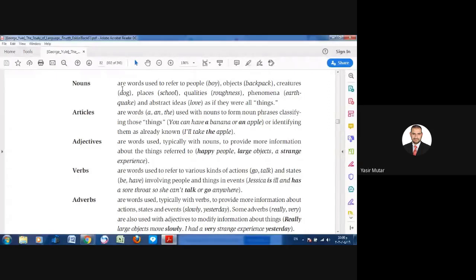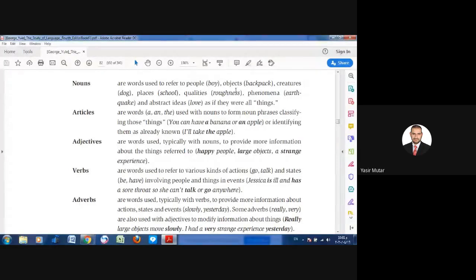Creatures, such as a dog. Places, school. Qualities, roughness. Phenomena, earthquake. And abstract ideas, such as love, as if they were all things.